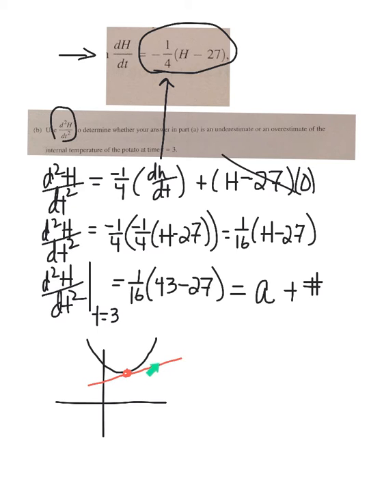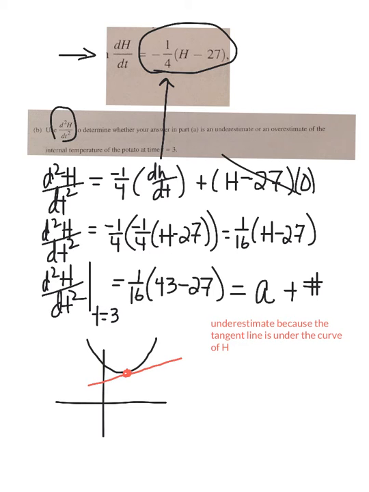Do you see, because this tangent line is under this curve, it's an underestimate. I'm going to repeat that again. Since the tangent line is underneath this curve, your answer to part A is an underestimate. So this is what you would write then: it's an underestimate because the tangent line is under the curve of h.